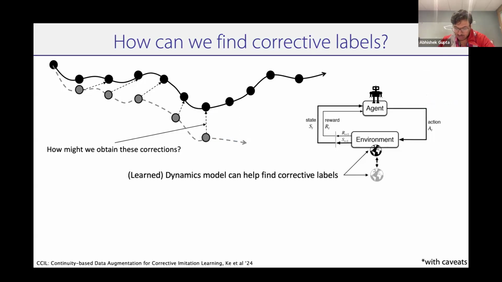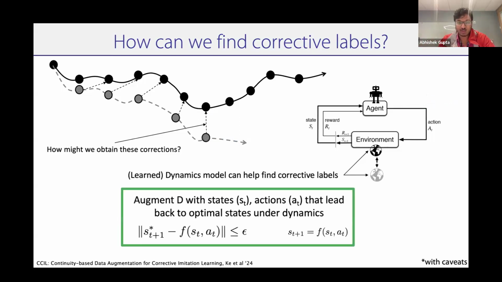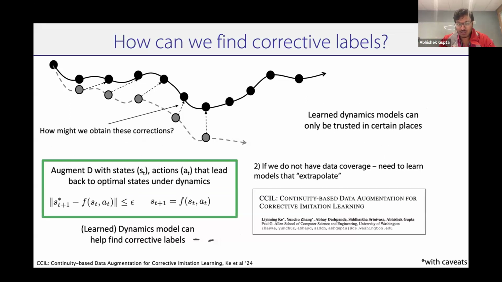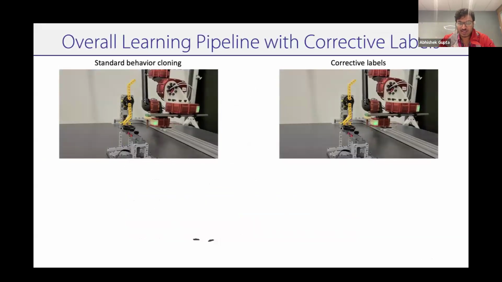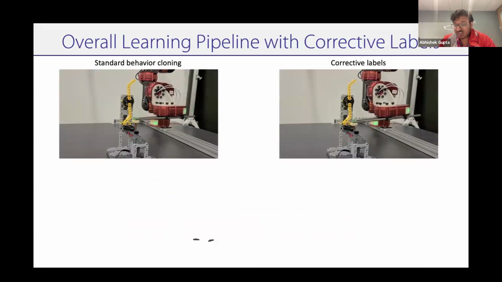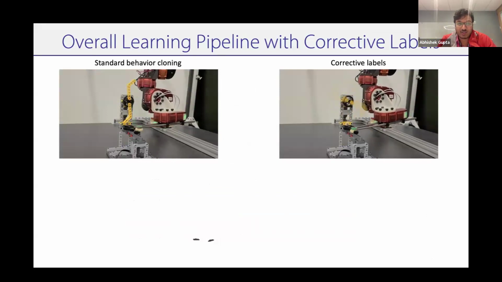And so that's the key idea to avoid having a human in the loop: if you have an approximate dynamics model, you just want to find a set of states and actions that bring you back to the data, right? And that's the key idea in the next line of work. I'm going to skip the details, but some examples that I think are cute are doing things like behavior cloning for fine precision tasks.